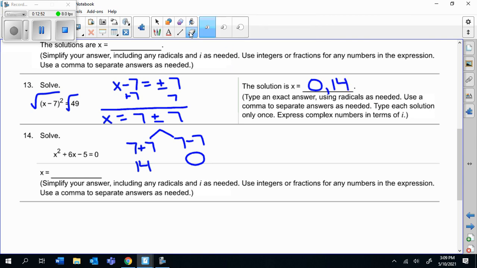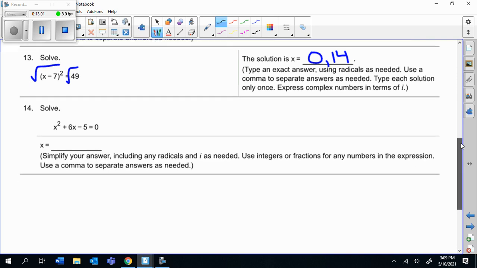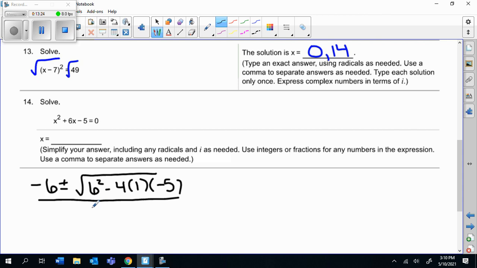And I'm going to erase this so I have room to do this quadratic formula one. All right, so you can always go back in the video if you need to see that again. So, will it factor? 5 and 1, but it can't make -5 and then a positive 6. So here we go, negative b plus or minus the square root of b squared minus 4 times a times c all over 2a.